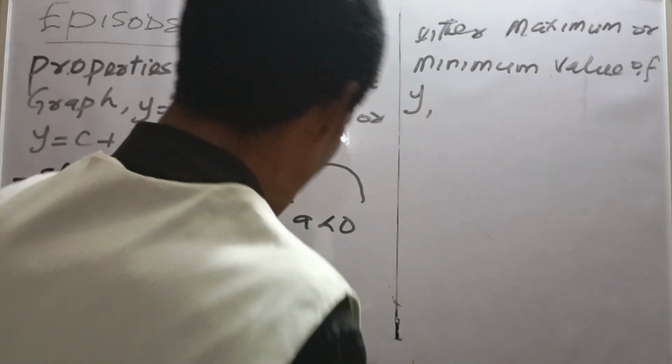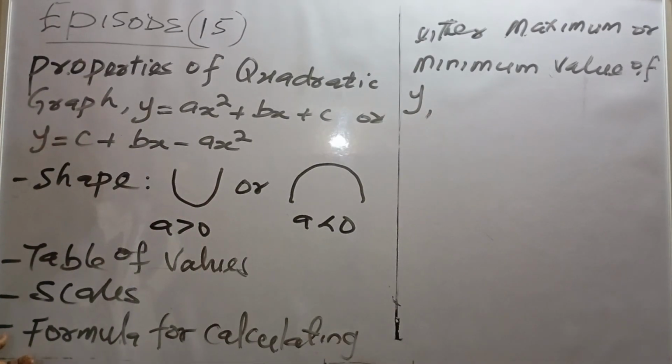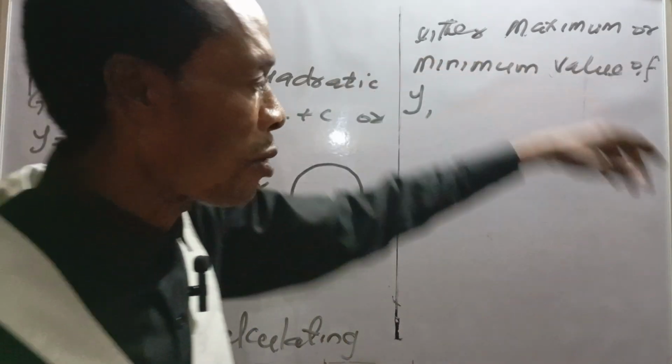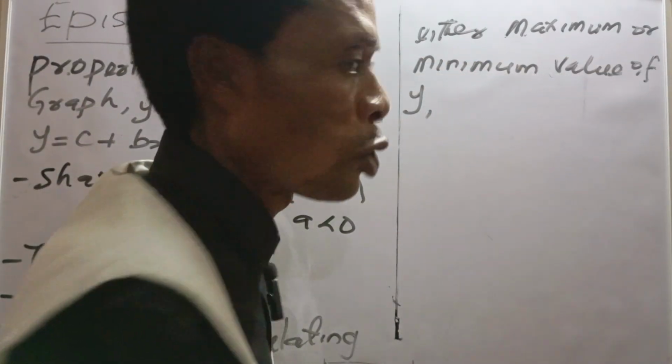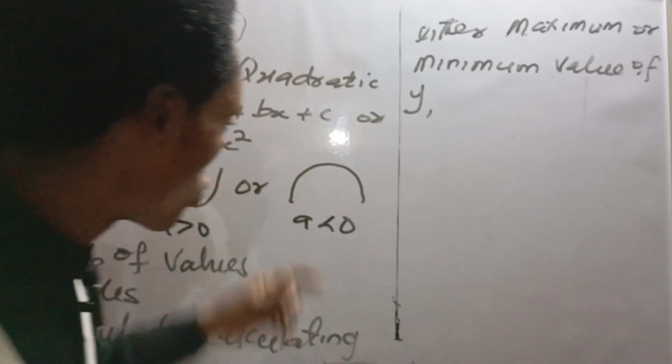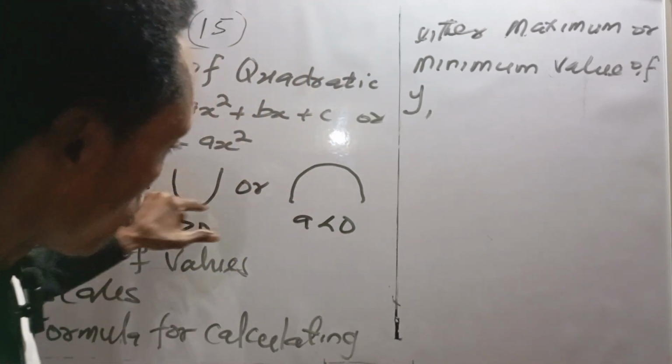So we'll talk about shape, table of values, then scales, then the formula for calculating either the maximum or minimum value of y, through which you calculate this turning point.